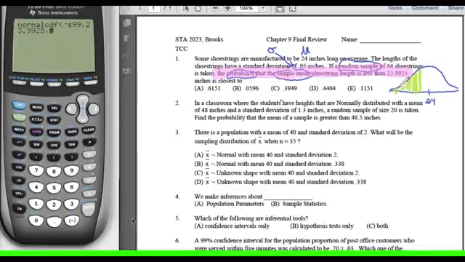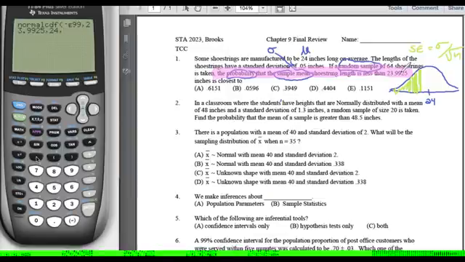My mean is 24. And because I'm talking about a sample of 64 shoestrings, I don't just use the standard deviation of 0.05. When I'm dealing with a sample and the sampling distribution, I want to use the standard error, which is sigma over the square root of n. We've got to use this 64 somehow.